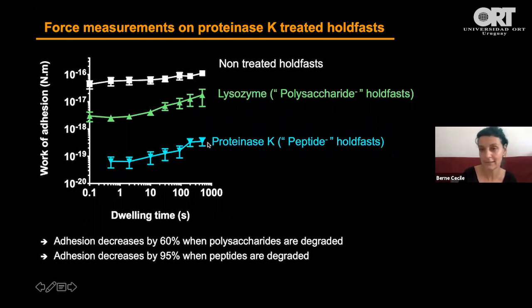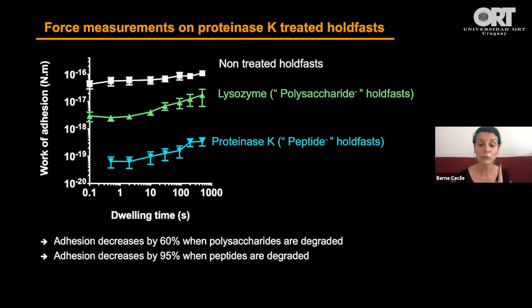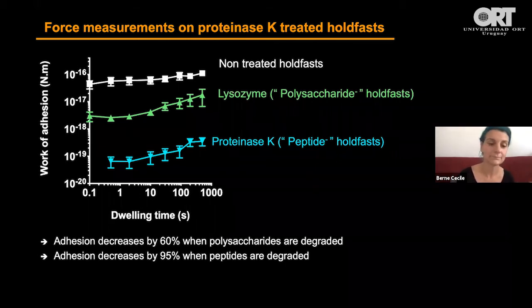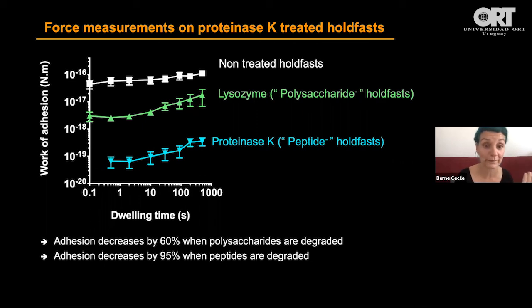We are killing almost all the adhesion here. So it means two things. First, that there are peptides in the Holdfast. First time that we found something that is not a polysaccharide. And second, that those peptides are extremely important for Holdfast adhesion. So yeah, it doesn't look like much, but I was really excited.